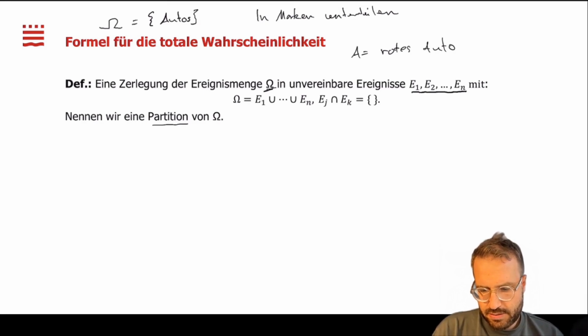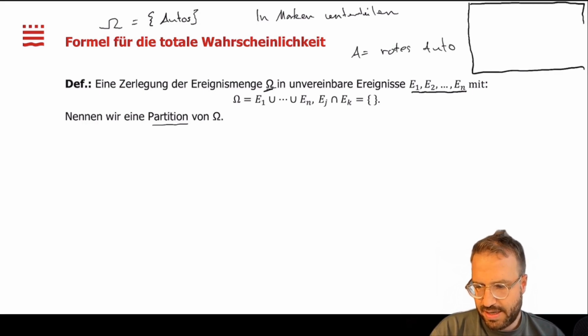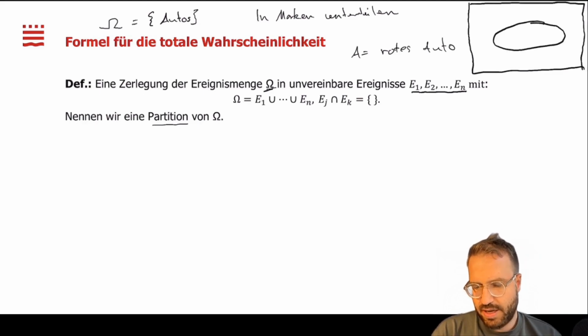Then there is the following. Imagine this is your omega, which is now represented schematically. This is our omega, and this here is the set of red cars.